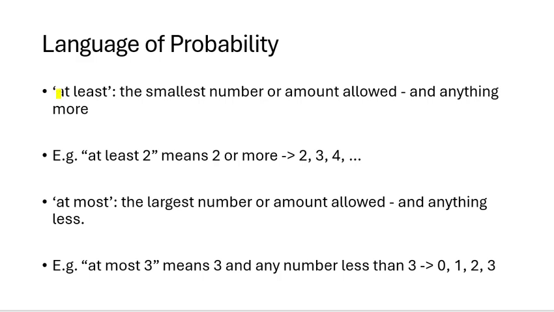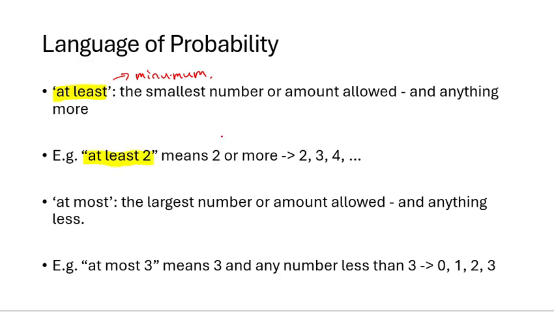The word at least just means, think of it like the minimum number or the minimum value, and it's whatever is above it. In my example here I have at least 2.